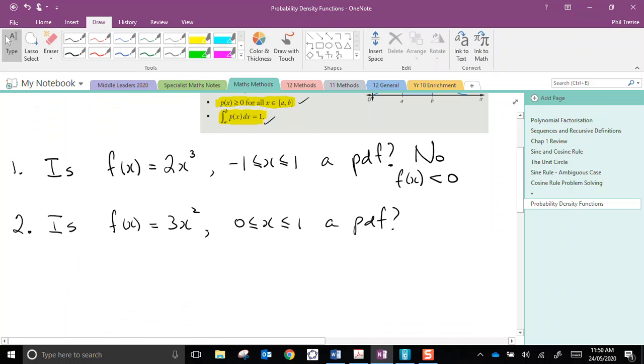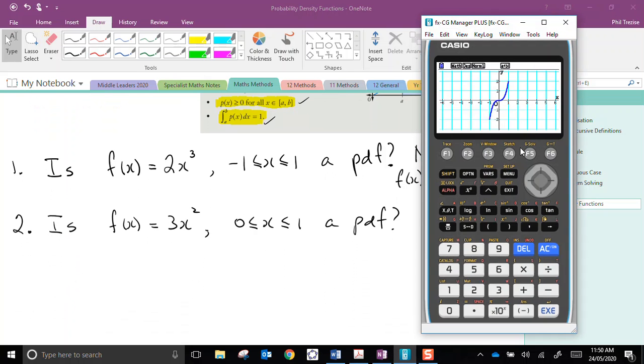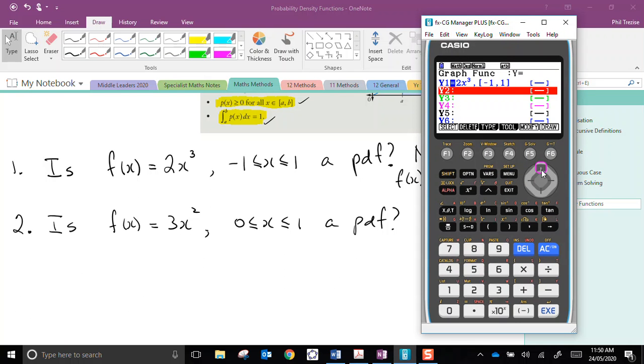Is the function of x 3x squared a probability density function between 0 and 1? So let's go back first and we'll take a quick picture. Just reuse some of what I've got here. So 0 to 1 this time, and our function is different.